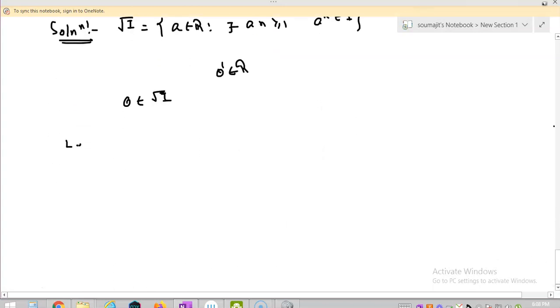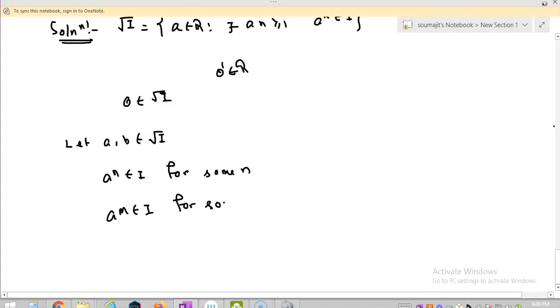Now let us take 2 points. Let a, b belong to root I. It means a to the power n belongs to I for some n, and b to the power m belongs to I for some m. Now we have to check whether a minus b belongs to root I or not.